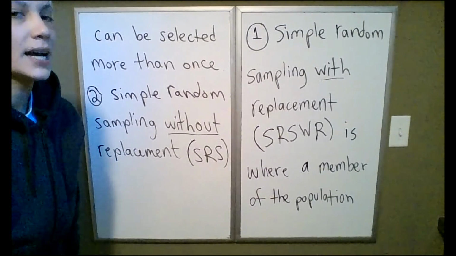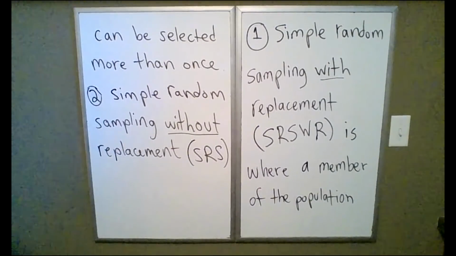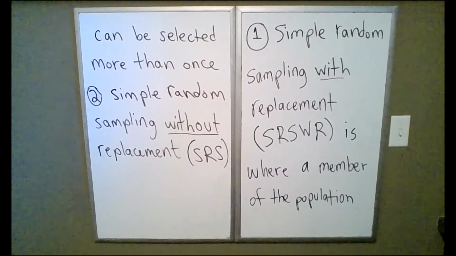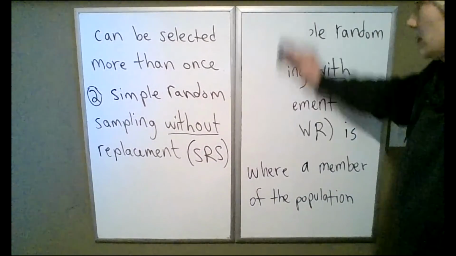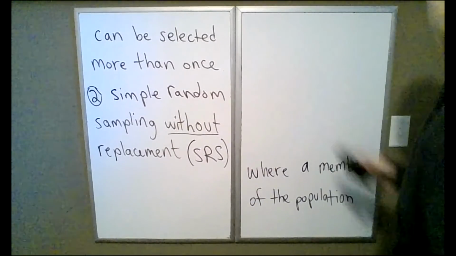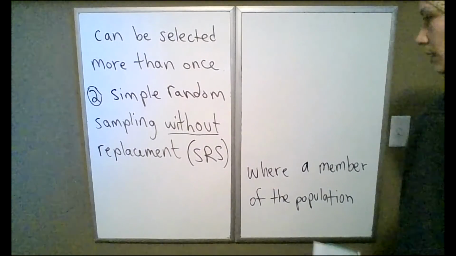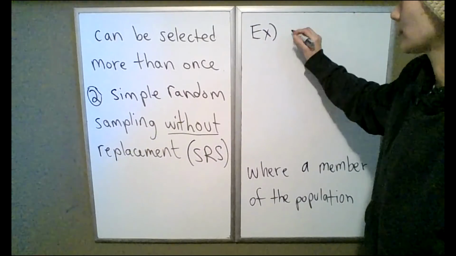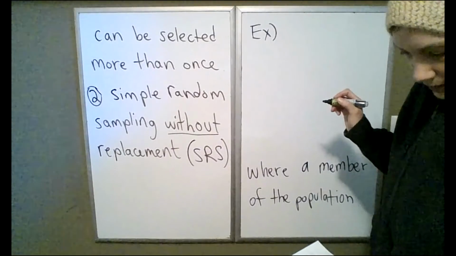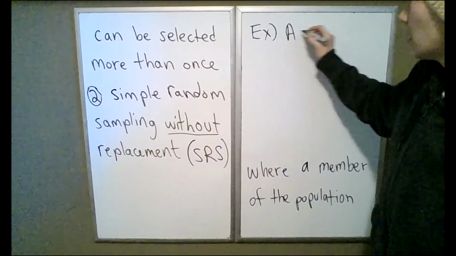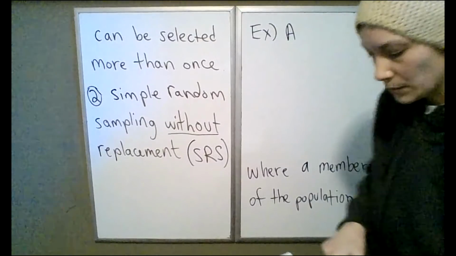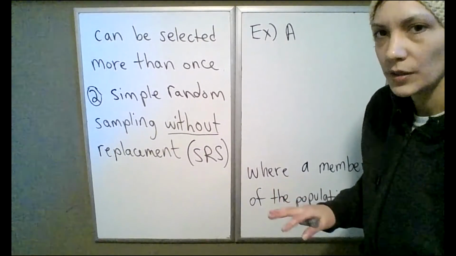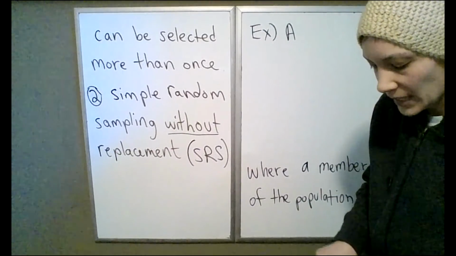Okay, I've got two examples. A population of 5 people includes Angel, Bob, Casey, Dana, and Evan.